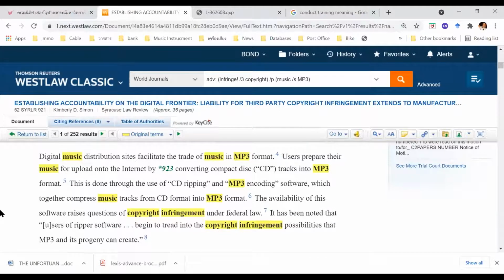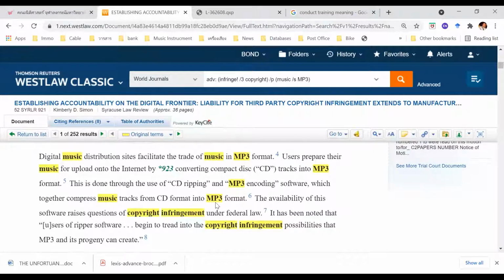This distribution means you send it, deliver it to maybe people. You can look at that thread of music in MP3 format. Users prepare their music for uploading. It's a good start.